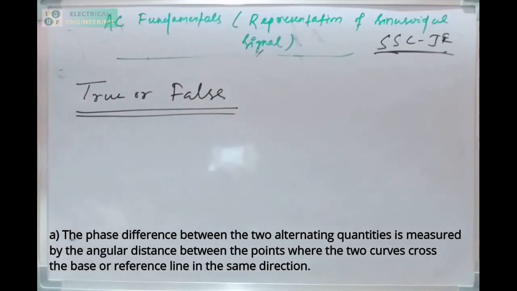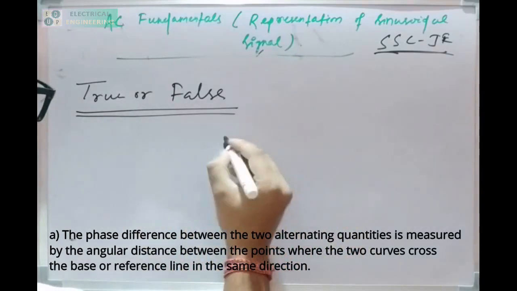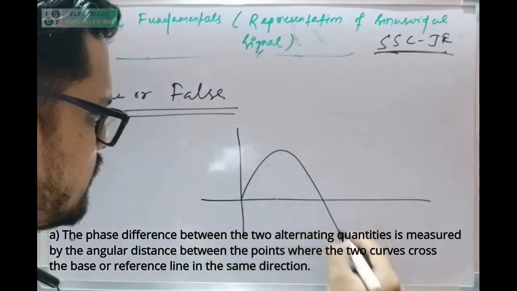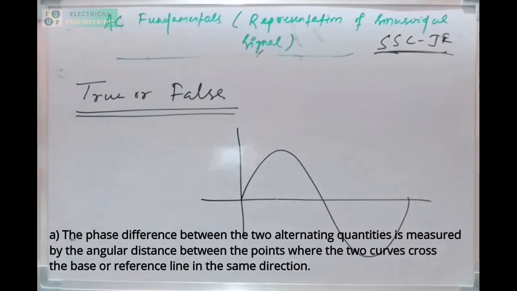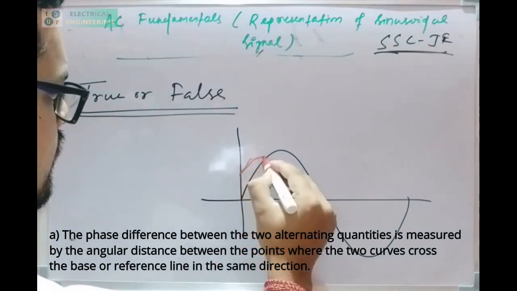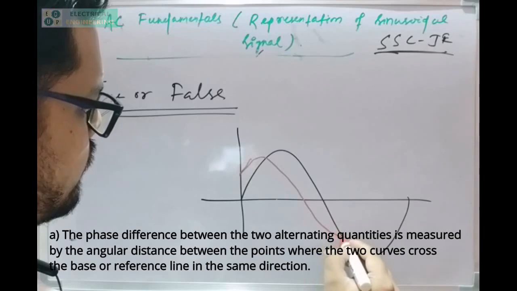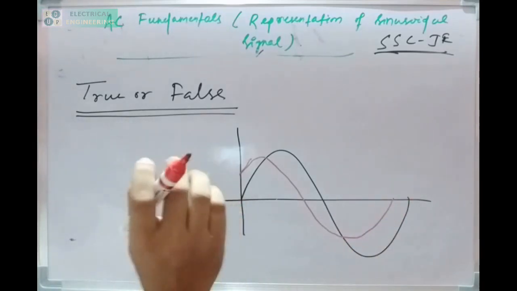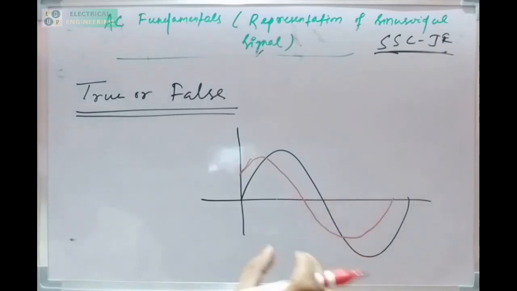Okay, let me discuss this. Before, there was a diagram like this. It is a voltage waveform, and let this be the current waveform. Whenever you are measuring the phase difference, you need to see those points जहाँ पे दोनों का डायरेक्शन सेम हो, right?